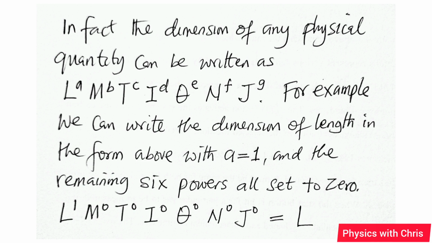If you set the power of M, which is b, to 0, set c to 0, set d to 0, and so on. Recall that an expression in index form with a power of 0 is equal to 1. So we need to understand that any physical quantity can be written in that form.